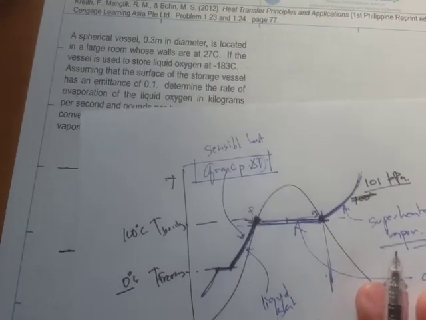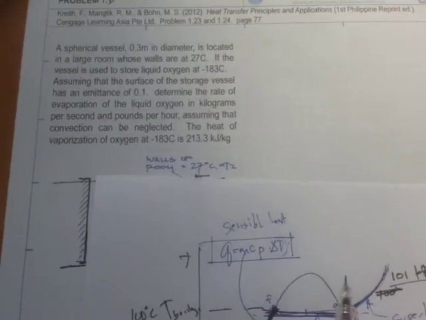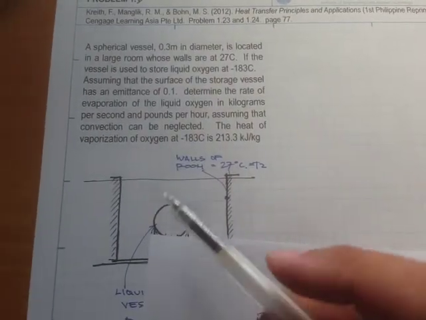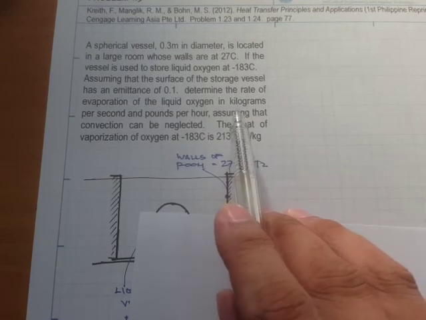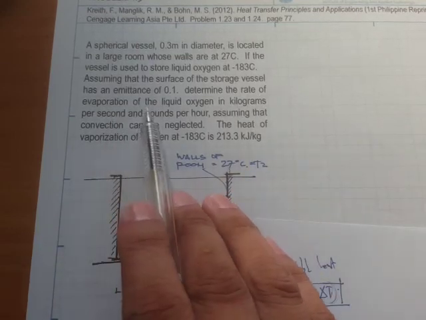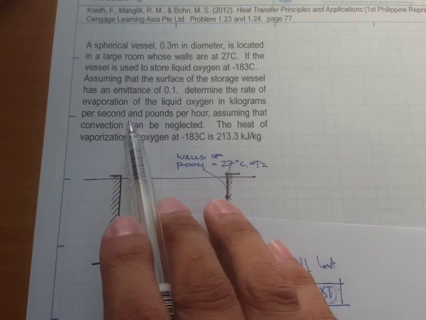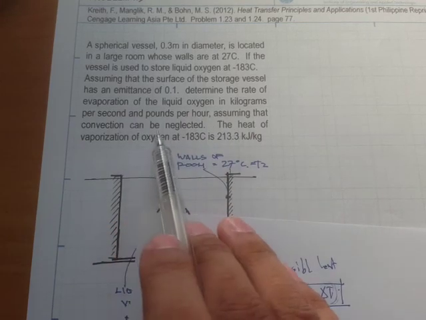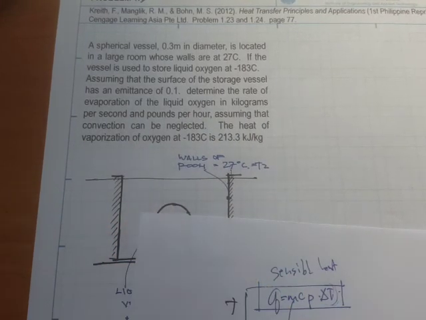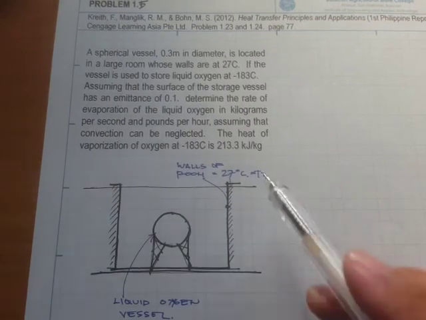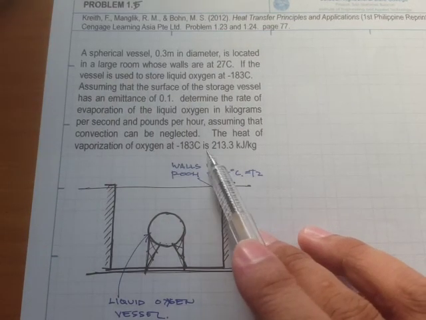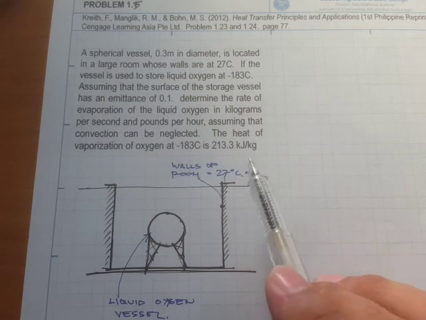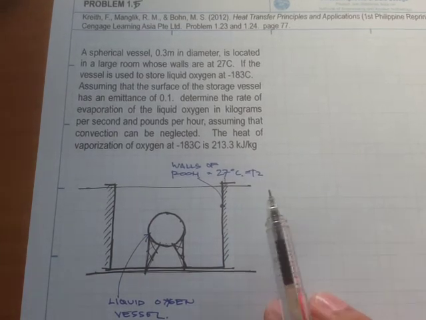Okay, so our problem says that because of the heat that's entering the system right here, there's going to be vaporization that will take place. So determine the rate of evaporation of the liquid oxygen in kilograms per second and pounds per hour, assuming that convection can be neglected. The heat of vaporization of oxygen at negative 183 degrees C is given in kilojoules per kilogram.